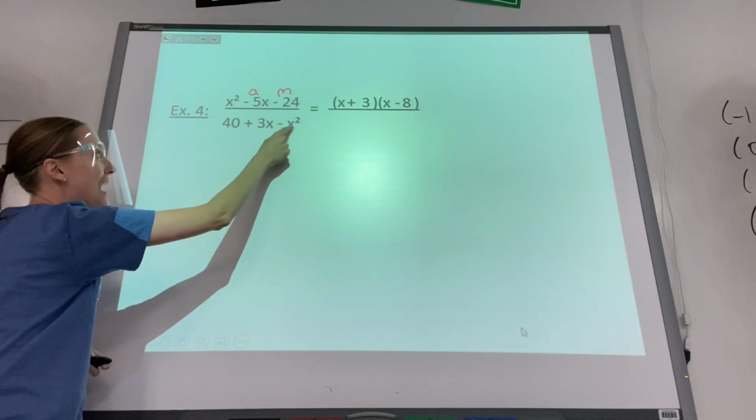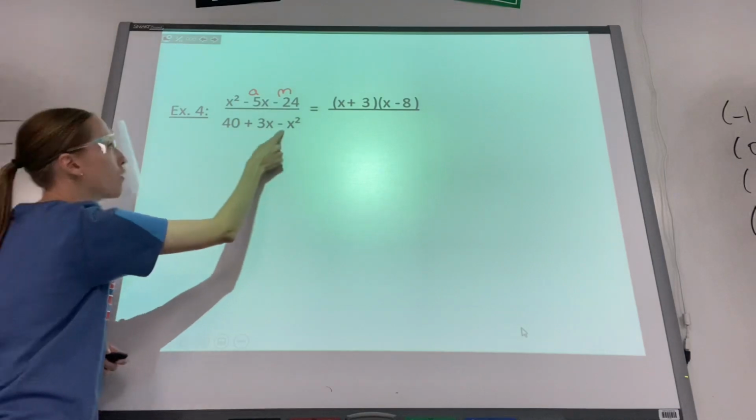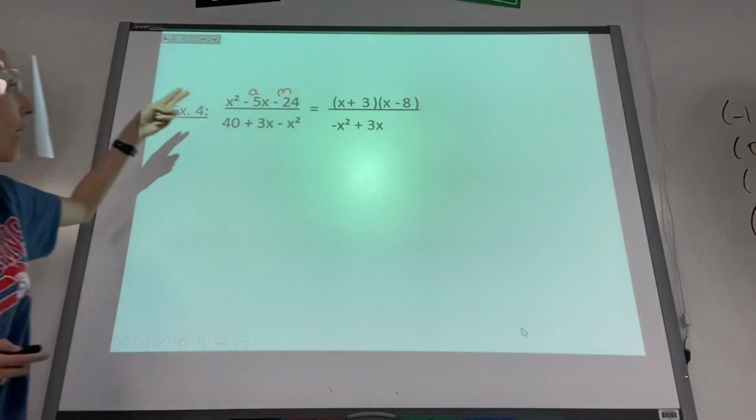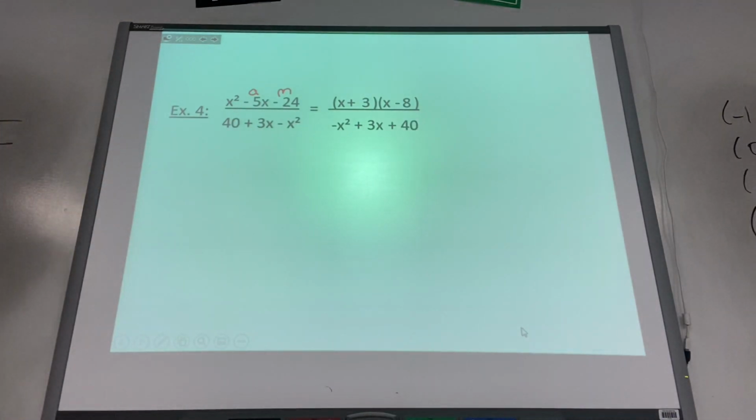Now the part that kind of stinks is right here. When I move this to the front, it's actually a negative x squared plus 3x plus 40. You can factor with a negative if you want.